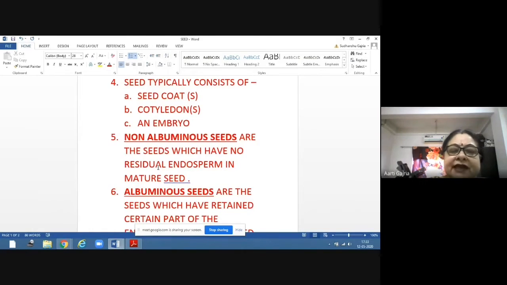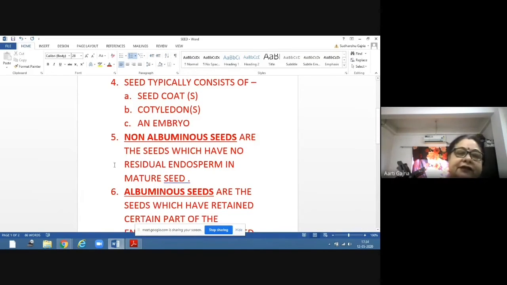And these types of seeds are called non-albuminous seeds. Examples of non-albuminous seeds are groundnut, peanut. Yesterday we had seen these are the examples where the endosperm is completely finished by the developing embryo, and in mature seed we don't find any endosperm.